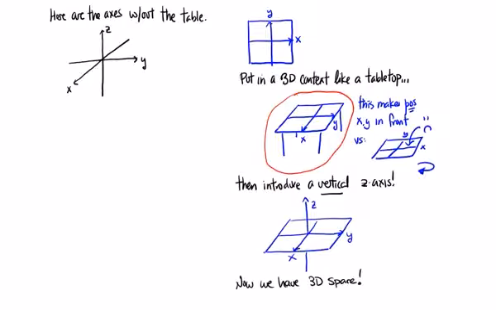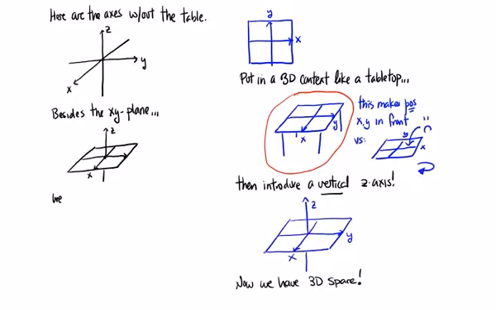So now before we plot any points, just to help us see what's going on, a little note is that we have this xy plane that's sitting like the tabletop. Besides the xy plane, we have two other planes that appear. So let me redraw the xy plane. This was our xy plane, and the xy plane has the x-axis and the y-axis in it.